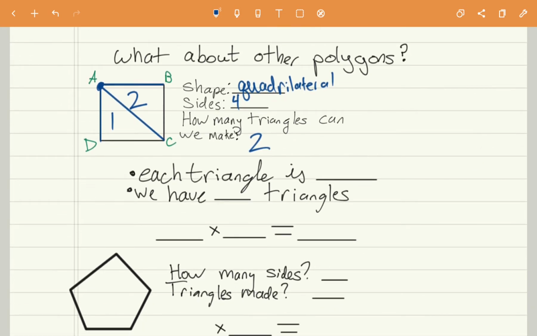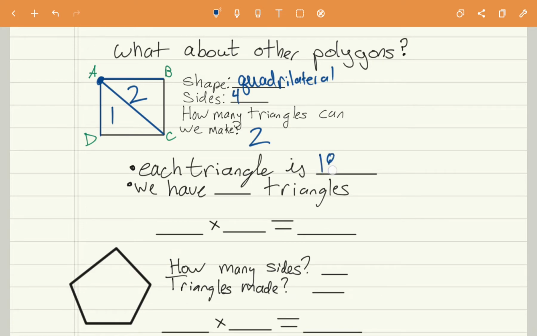Now each triangle is 180 degrees. We have 2 triangles. So to find the total sum of the interior angles of this quadrilateral, we are going to take 180 and multiply that by 2. 180 for the triangles, 2 for 2 triangles, which gives us 360 degrees.